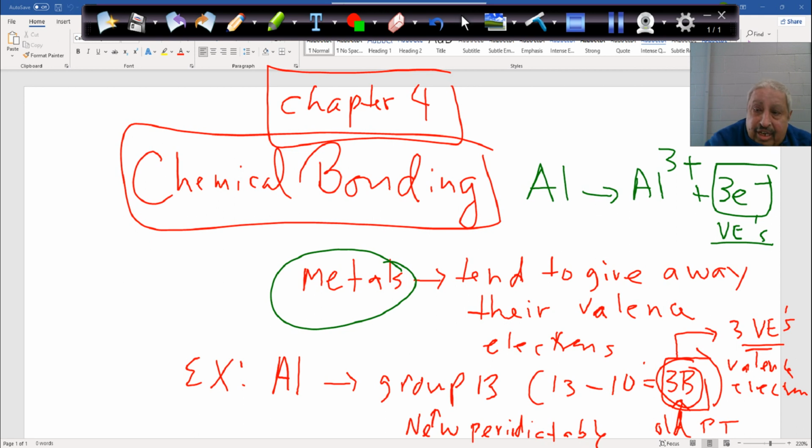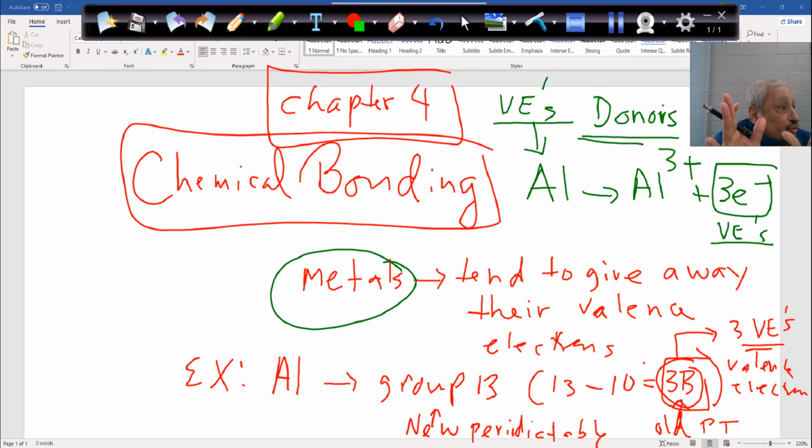So in some books, textbooks or e-books, they call metals VEs, valence electrons donors, because they really donate their valence electrons without any force. If you put the metal near a non-metal, you will see the metal welcoming the non-metal by giving its valence electrons of its own free will.